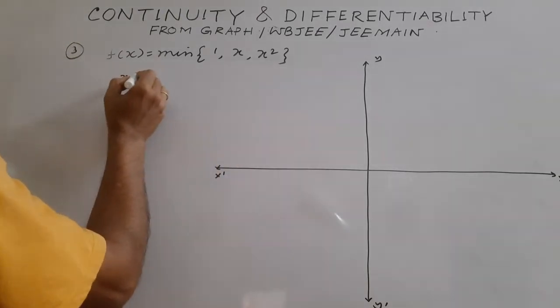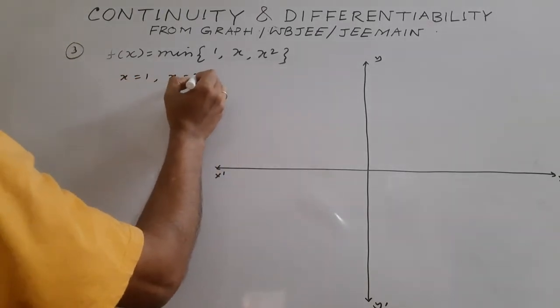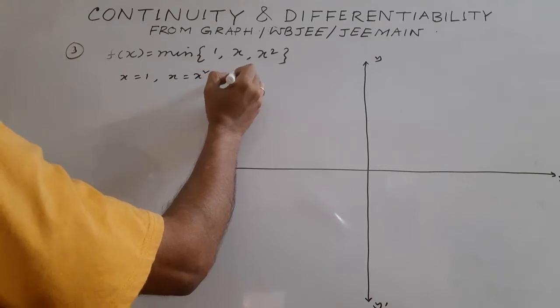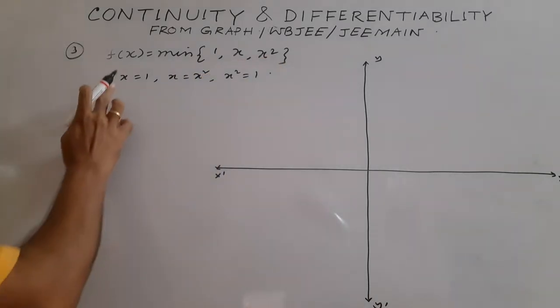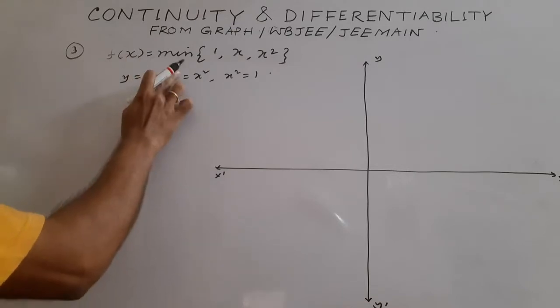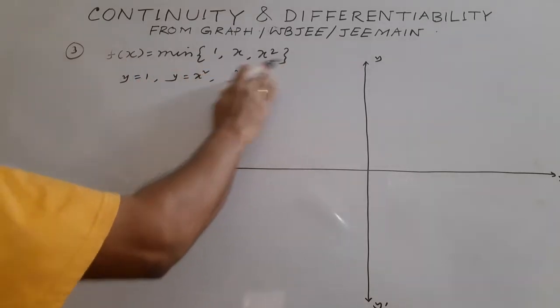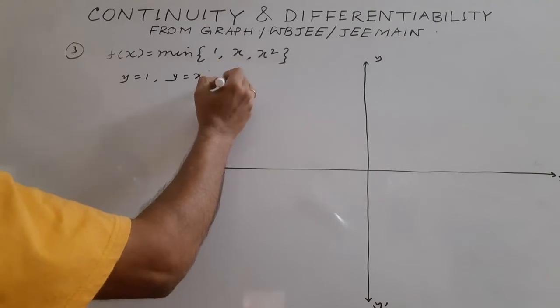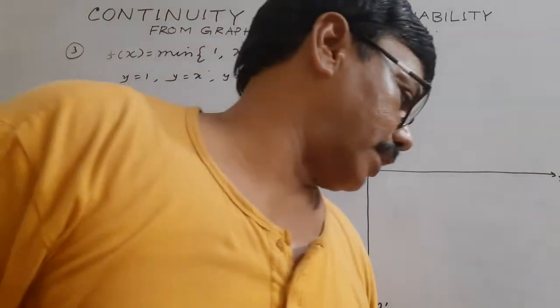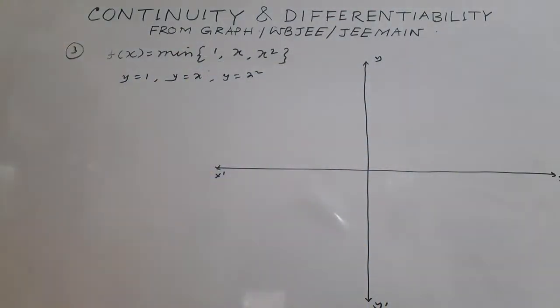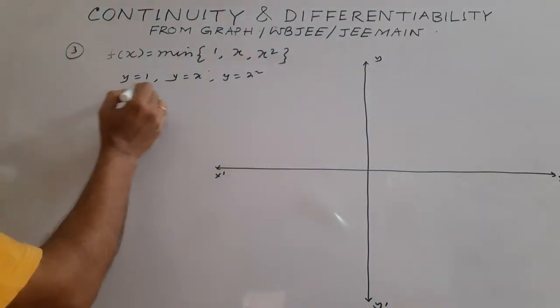So the curves are y equals 1, y equals x, and y equals x square. So first you find the points of intersection.